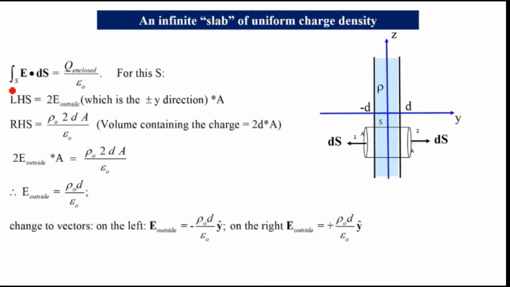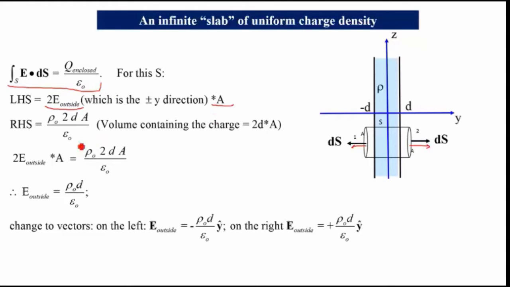So let's apply Gauss's law for this surface S. First let's look at the left-hand side, and because we have E constant over that disk, a constant value over these two sides, we can write this as 2 E_outside times A. And the 2 comes from the fact that we get equal contributions from this disk here and this disk here. Remember that E is in this direction over here, E is in this direction over here, so they're both parallel, and you'll get a plus value here and a plus value here.